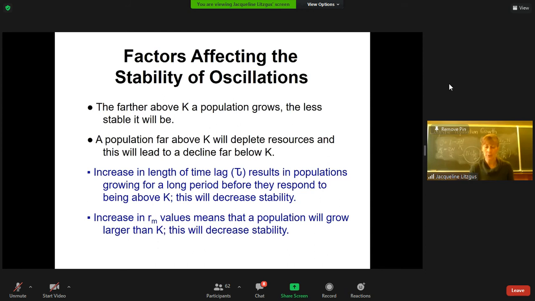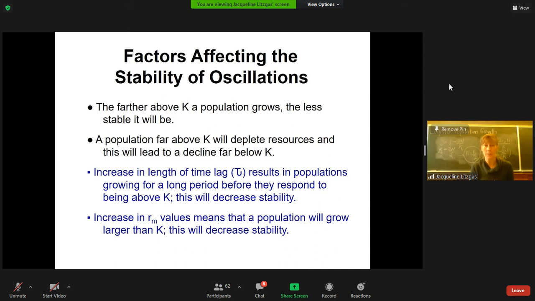So this is going to lead to a far crash below carrying capacity. That's bad, right? So there are two factors in the model that affect how far above K a population might go. Again, the farther above K the population goes, the more problematic it is.